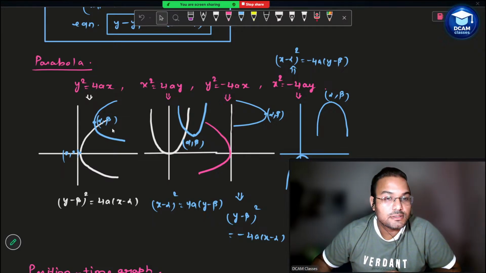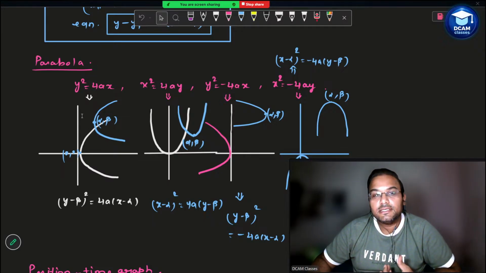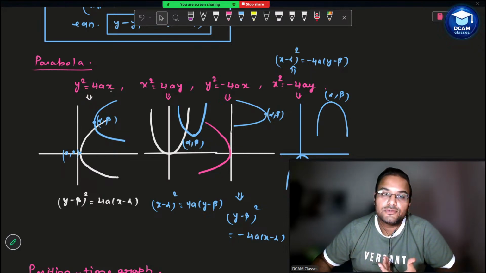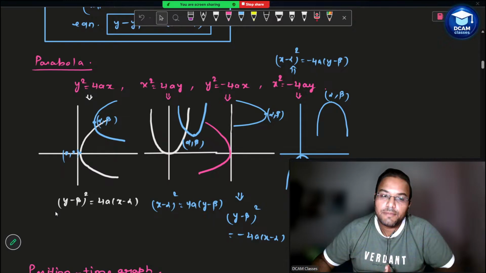See, always the graph of the parabola won't be in that form, y square equal to 4ax. Actually, every graph of the parabola can be represented as y minus beta whole square is equal to 4a into x minus alpha. That means the alpha and beta are the vertex.